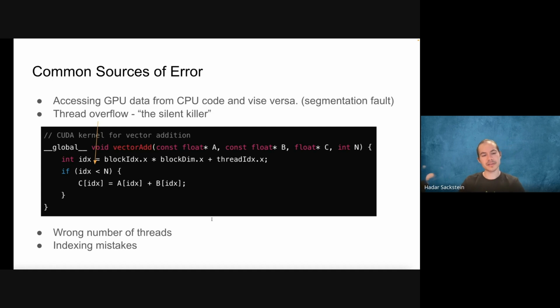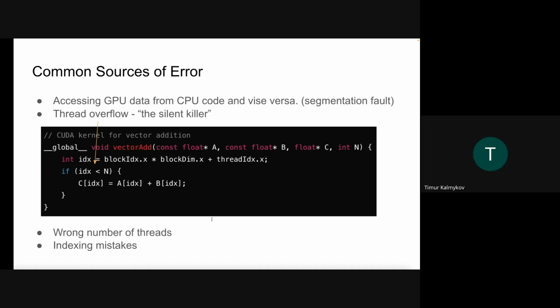So you can use printf inside the kernel and check with a condition if it's the specific thread that you want to debug. You can also temporarily copy some data to the host. You can run the same kernel with fewer blocks or fewer threads, and then you can control only that.